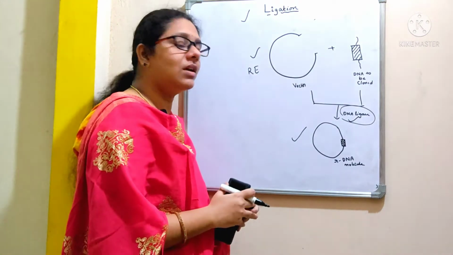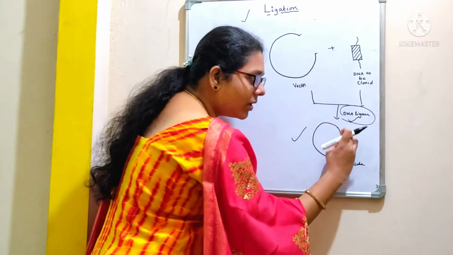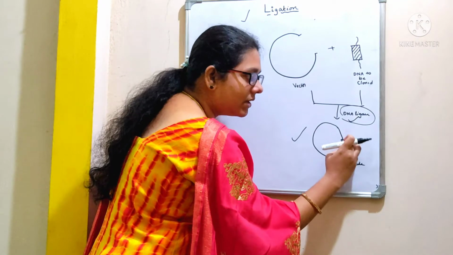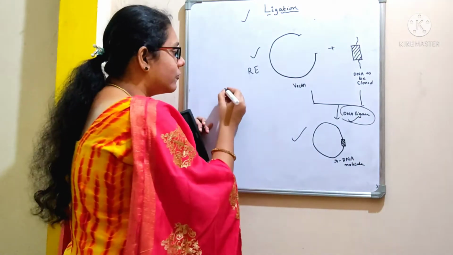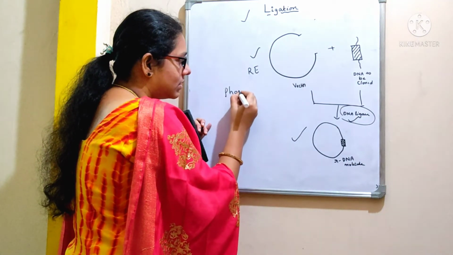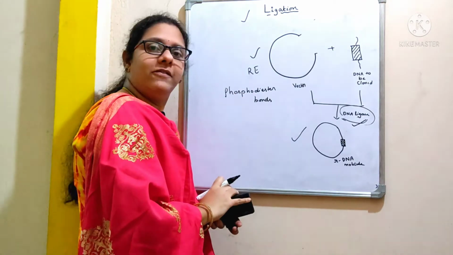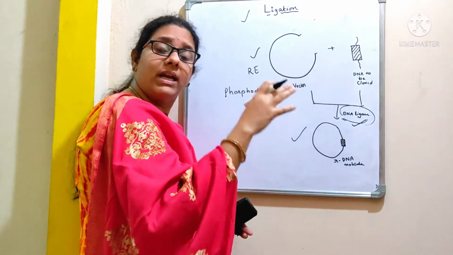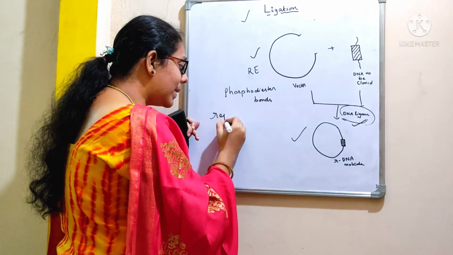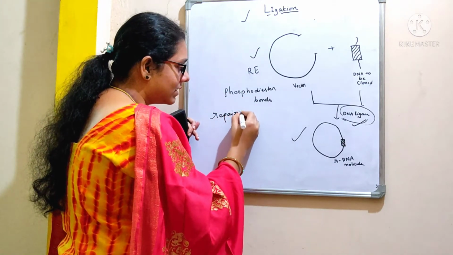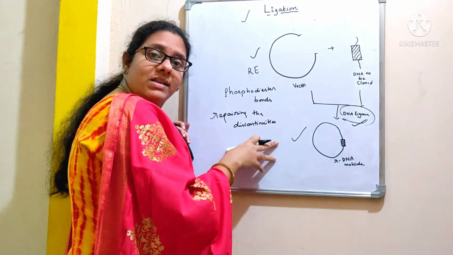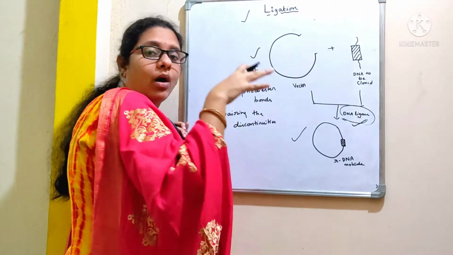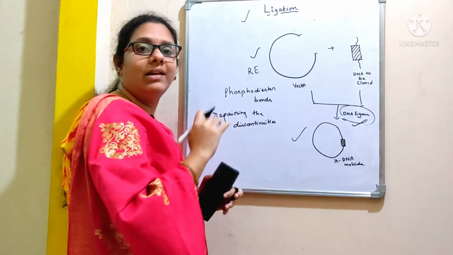So what's the role of ligase? It is going to join the adjacent DNA fragments by forming phosphodiester bonds. Within a living cell, the enzyme DNA ligase plays a very important role in repairing the discontinuities that may arise either in a single strand or in the double strand of a DNA molecule.